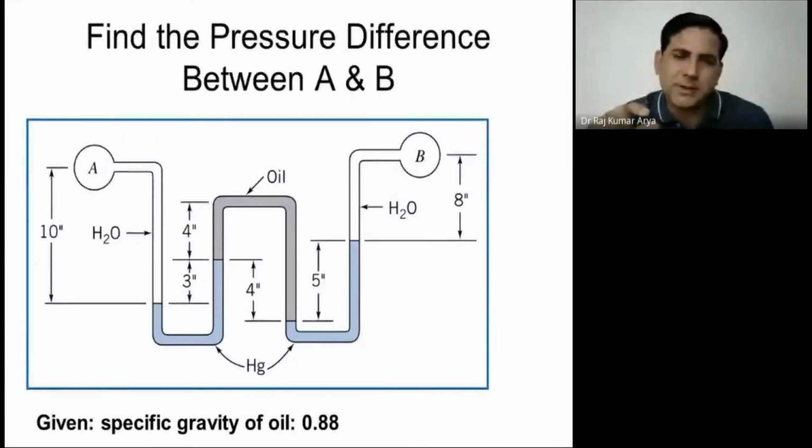If by chance h is coming out as 1 millimeter, you cannot measure it very precisely. In that case, you have to change the fluid so that it gives you something measurable, let's say 5 millimeter, 10 millimeter, or 13 millimeter.